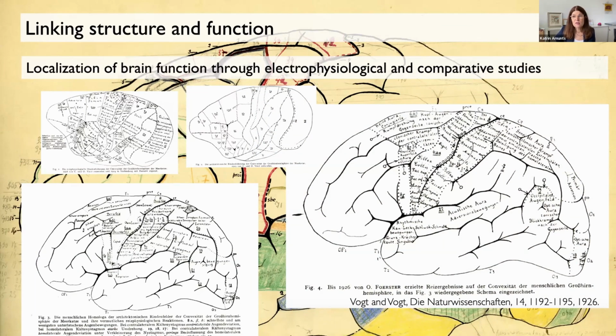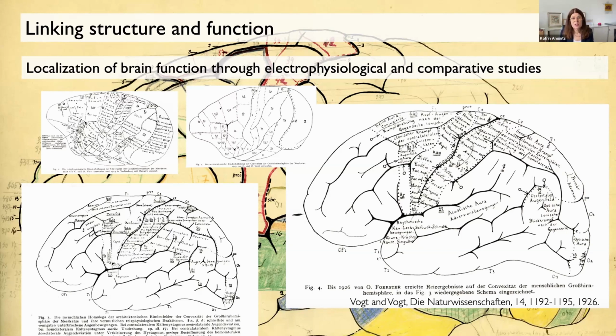Ottfried Förster was a very famous neurosurgeon who stimulated the brain of patients undergoing surgery for epilepsy. By stimulating the brain in these patients, in order to better understand the functional representation of motor activity, they also mapped the brain.